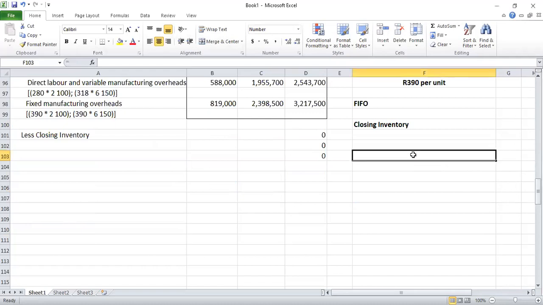Right, we would say total production cost and closing inventory units, divided by total production units.